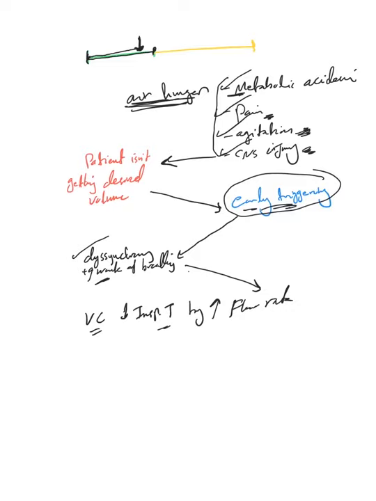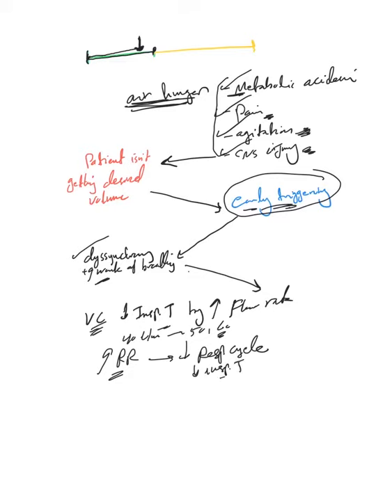The other option, so if you are giving, let's say, 40 liters per minute, you can increase it to 50 or 60. So that's one possibility. Also, sometimes increasing respiratory rate will help, because that will decrease the respiratory cycle and decrease inspiratory time as well.